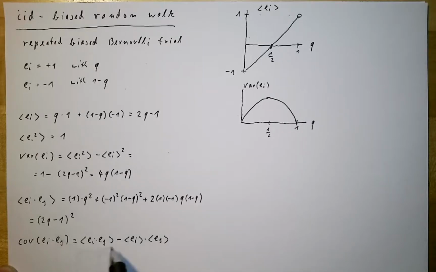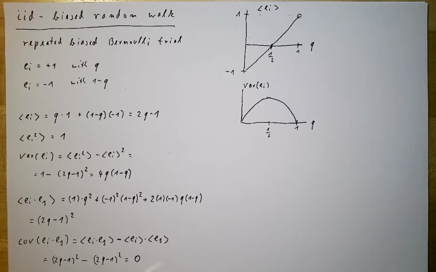And so we have here 2q minus 1 squared minus the expectation of the increments, which is 2q minus 1, which we have to square. And so we see the autocovariance function is always 0 if i is not equal to j.